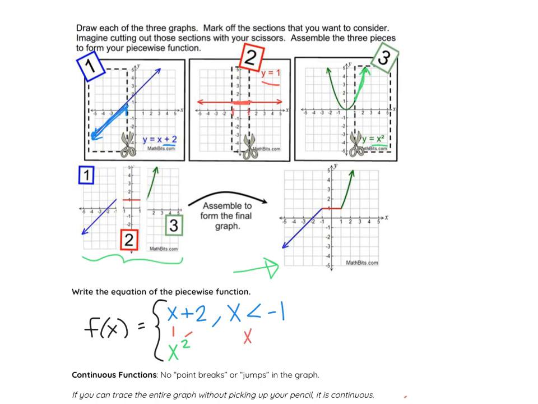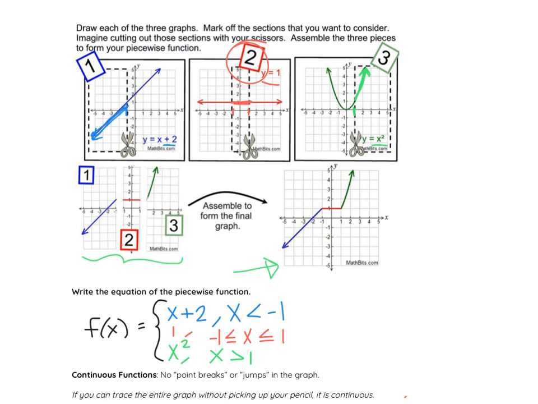When you have an interval with a least value and a greatest value, I would start with the least value and do my inequalities and get to the greatest value. So this is essentially saying we use 1, or the number 2, when x is in between -1 and 1. And for the last one, x squared, we're going to use the quadratic after 1, so when x is greater than 1.